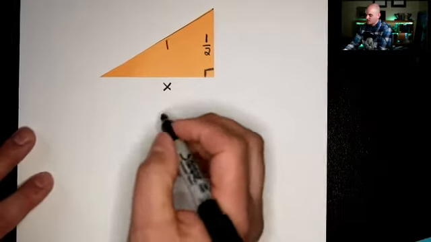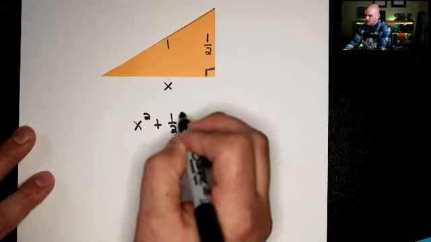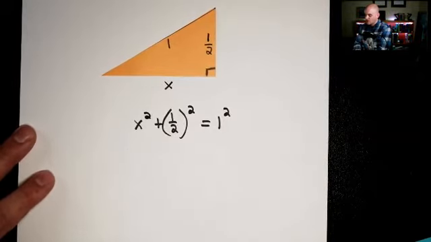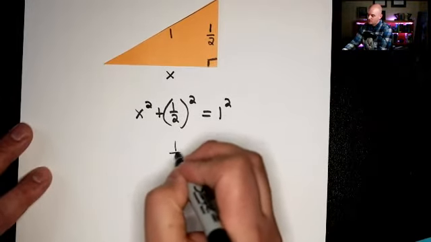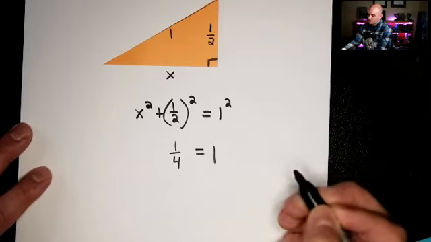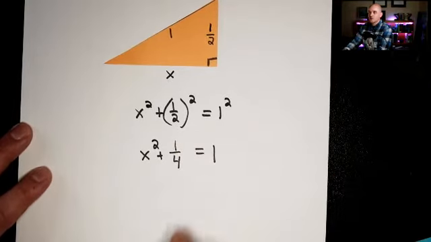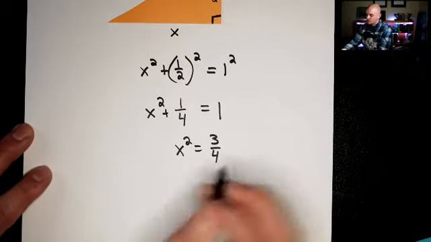All right, back from your pause, we're going to say x squared plus 1/2 quantity squared here is equal to 1 squared, and solve for x. Well, 1/2 squared is 1/4, and 1 squared is 1. I'm going to subtract 1/4 from both sides and get x squared equals 3 over 4.